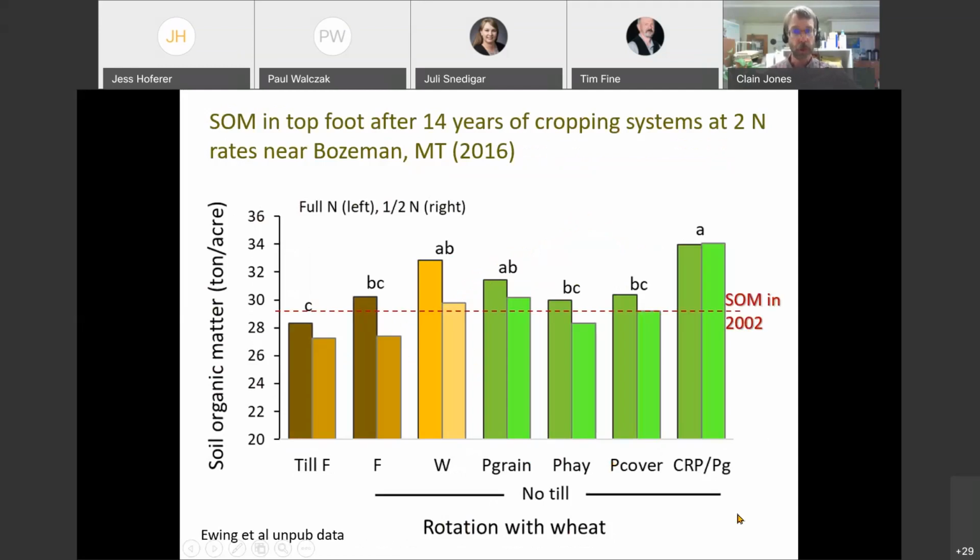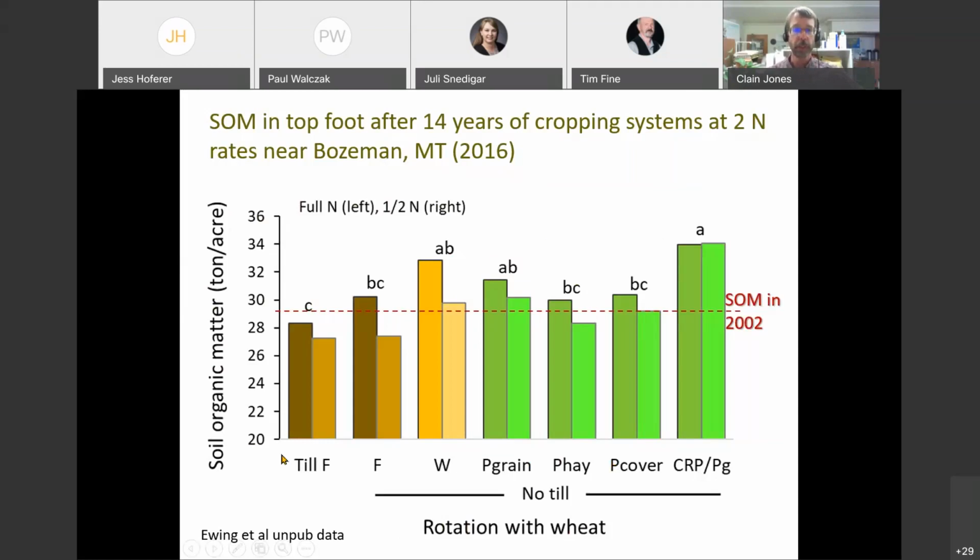A little closer to home, especially my home, 4 miles to my west right now, near Bozeman, Montana, is a long-term cropping system study led by my colleague Perry Miller and soil sampled by my colleague Stephanie Ewing in 2016. Here, what was measured was soil organic matter, again in tons per acre, for 7 different cropping systems.